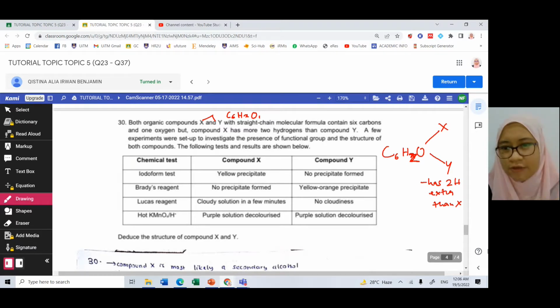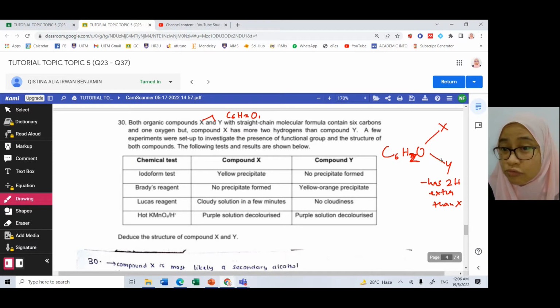The most obvious thing is we have to guess whether it is an aldehyde or a ketone. If these two are carbonyl compounds, they both should have the same chemical formula, right? One aldehyde, one ketone, they should have the same chemical formula.